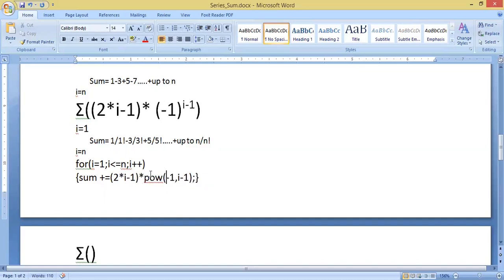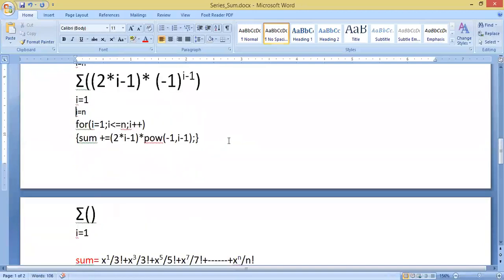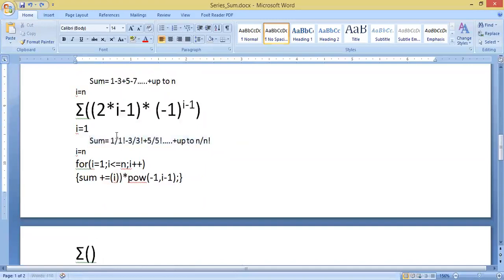Factorial was there. Okay, I have copied a wrong representation. This I will remove. You can do it correctly. So I am removing this thing.